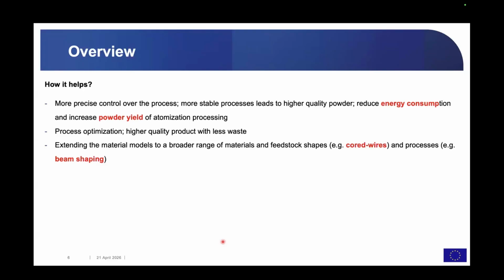We can also use these models for better understanding and to optimize these processes. Another goal is to extend these models to a broader range of materials, like different kinds of alloys and powders, and also feedstock geometries, shapes, or compositions. So that's the whole overview.